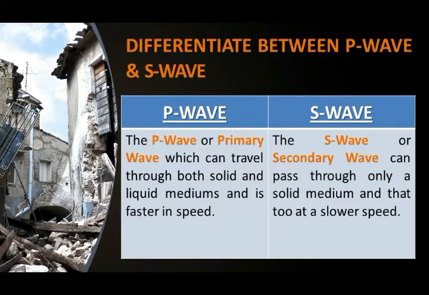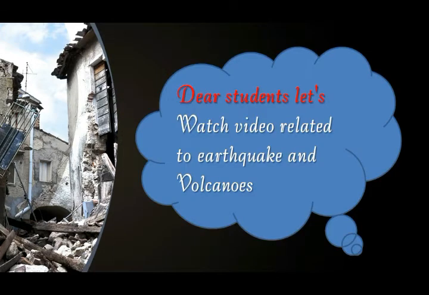seismology. Students, now you have understood how we can know about the Earth's interior with the help of volcano and earthquake. These are the two indirect observations that reveal the mystery of the interior of the Earth.